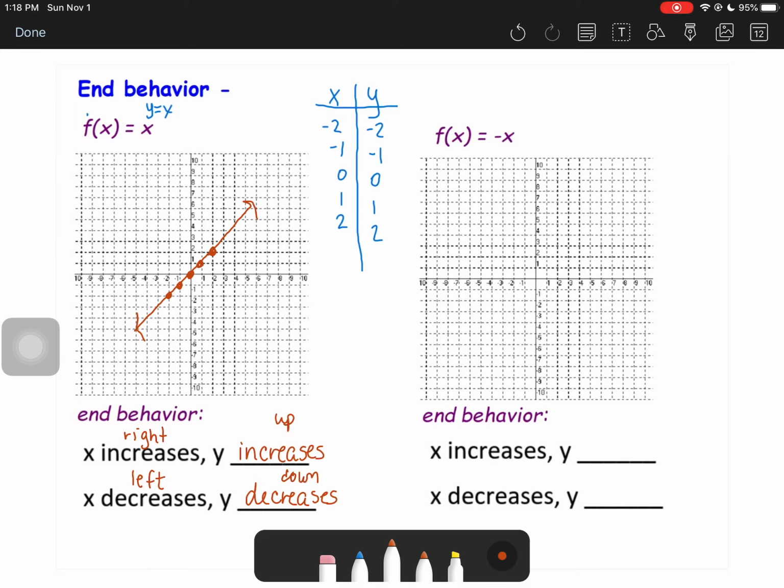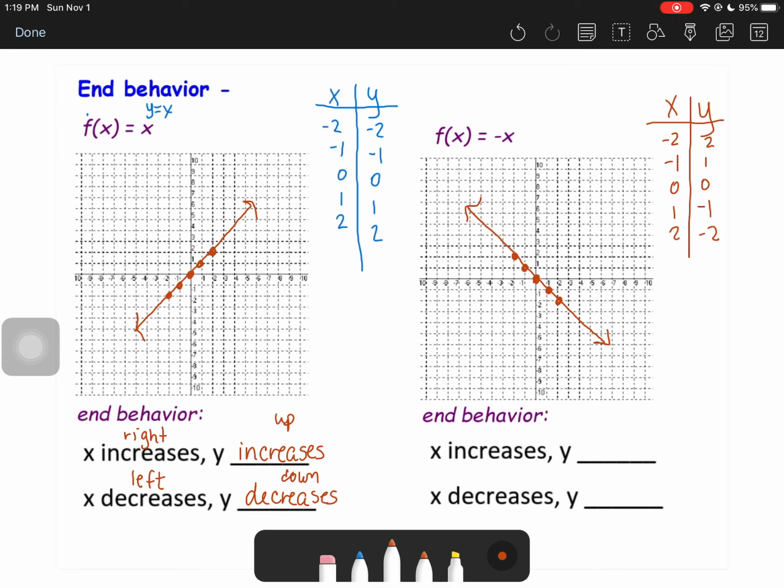So if we were to have f of x equals -x, we'll put a couple values in: -2, -1, 0, 1, 2. We see that the opposite happens because the opposite of -2 would be +2, and so on. So let's graph that. (-2, 2), (-1, 1), (0, 0), (1, -1), and (2, -2), connecting those points together, with arrows on both ends to show infinity.